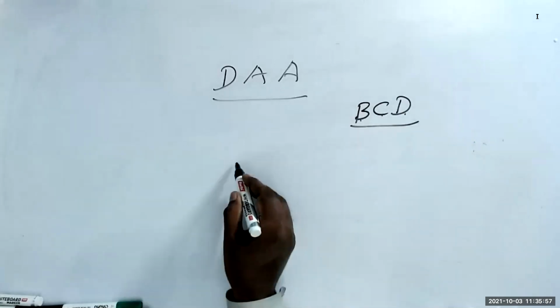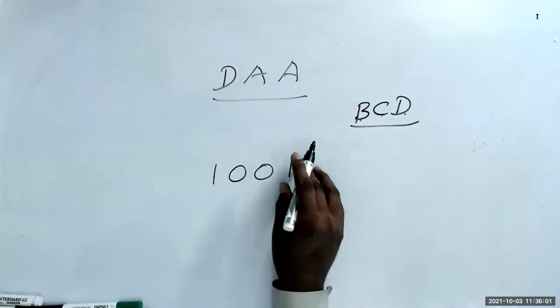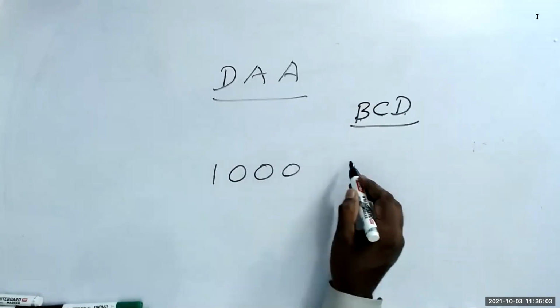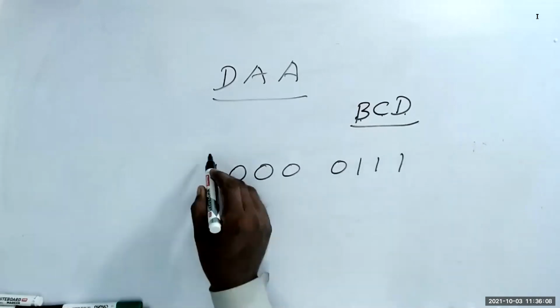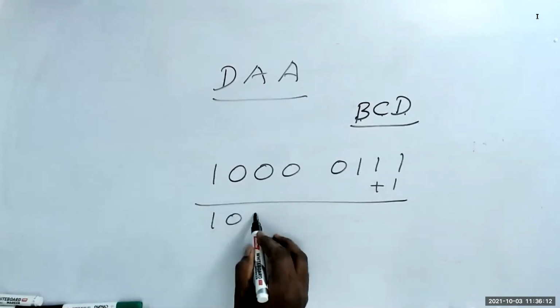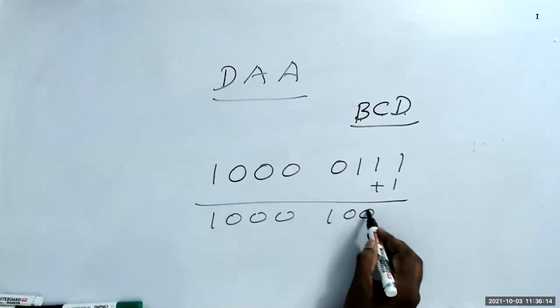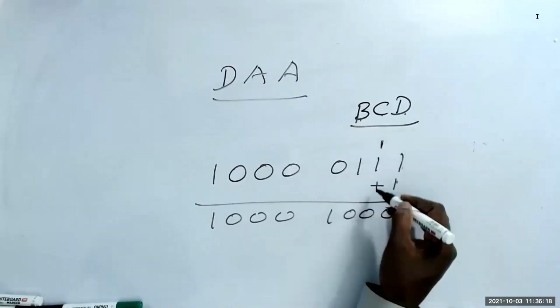For example, if I say 0111 and I add 1 to that, it becomes 1000. It's clear, because 1 plus 1 is 0, carry 1.